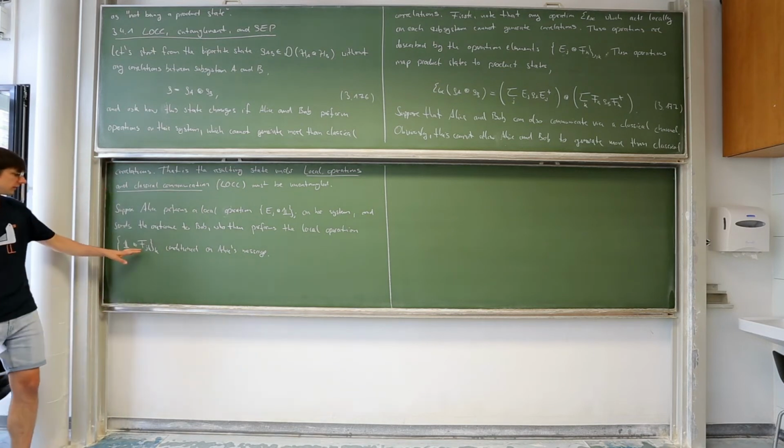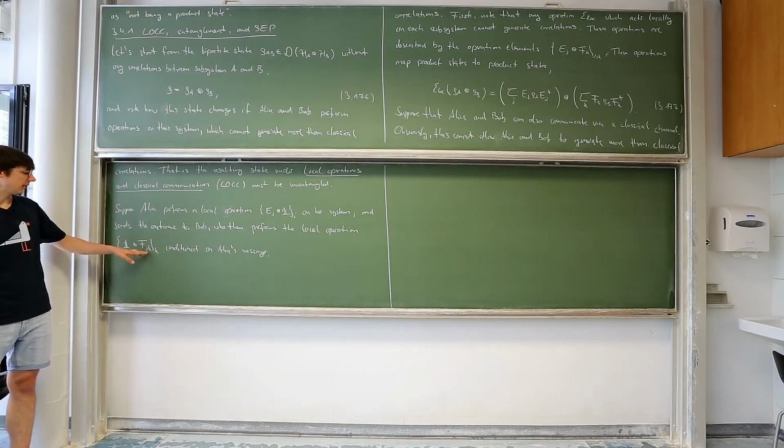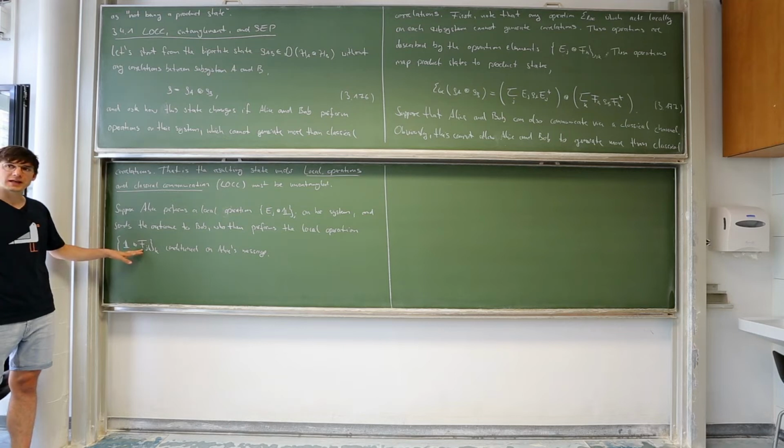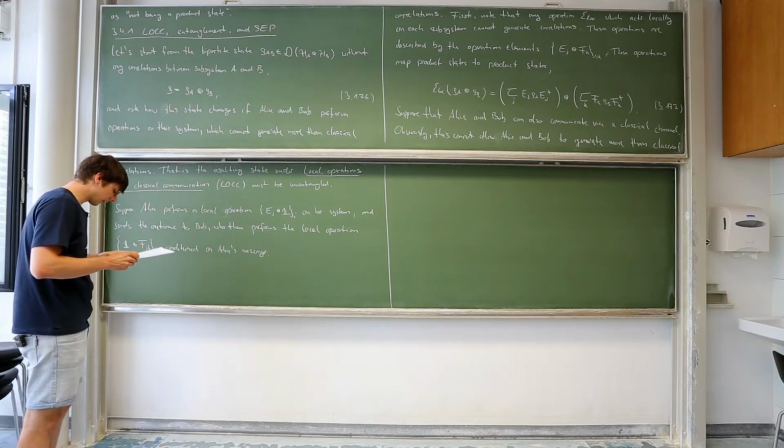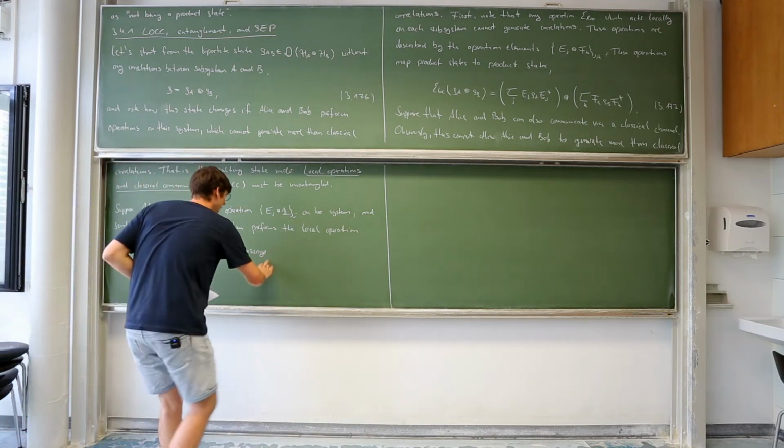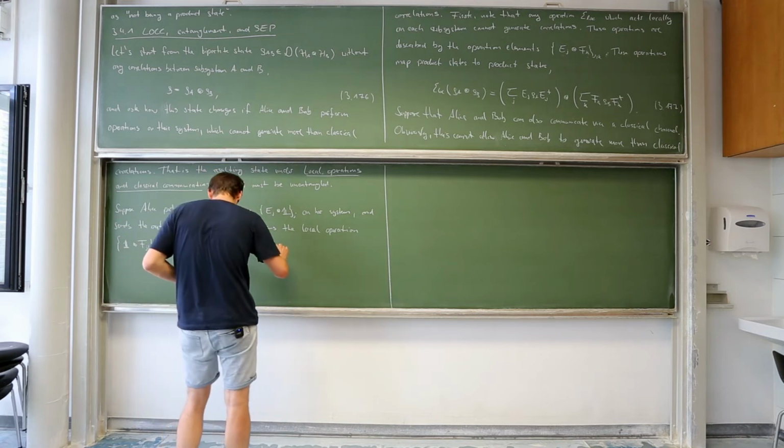Okay, so note that the notation is such that F_JK is the operation element that Bob performs if he gets from Alice the message J, right? So here the set only goes over all K, and this set depends on J, conditioned on Alice's message.